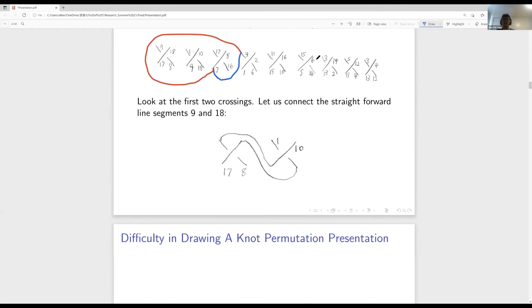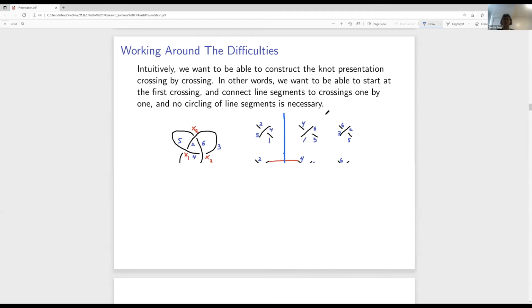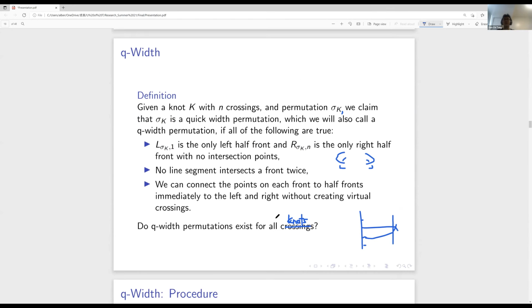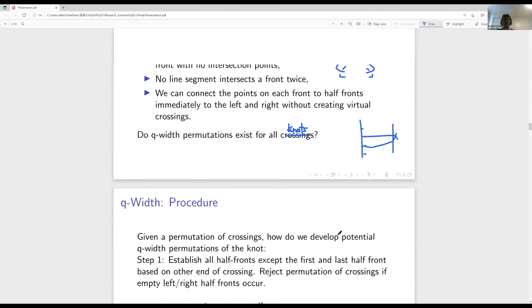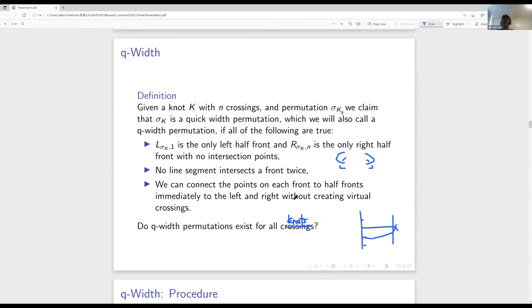All right. So with that, where am I? Going back to the question, does a quick width permutation exist for all knots? Well, we kind of have to check. So how do we check it? We're going to go through all the crossing permutations, and from there try to use that to establish quick width permutations.